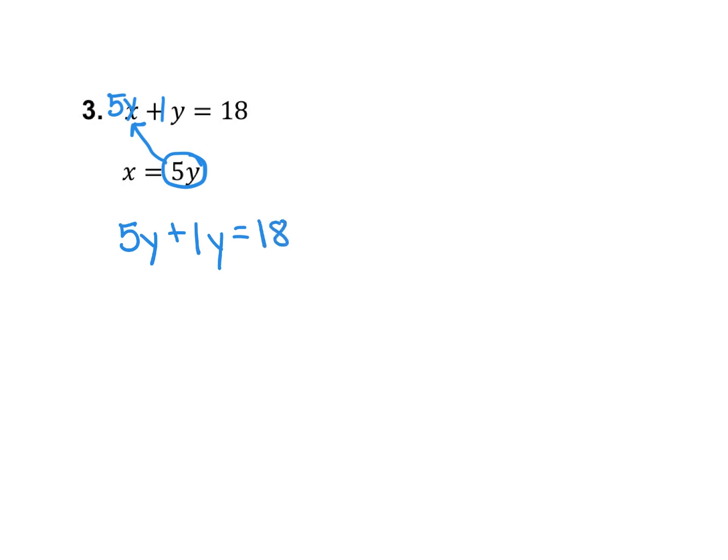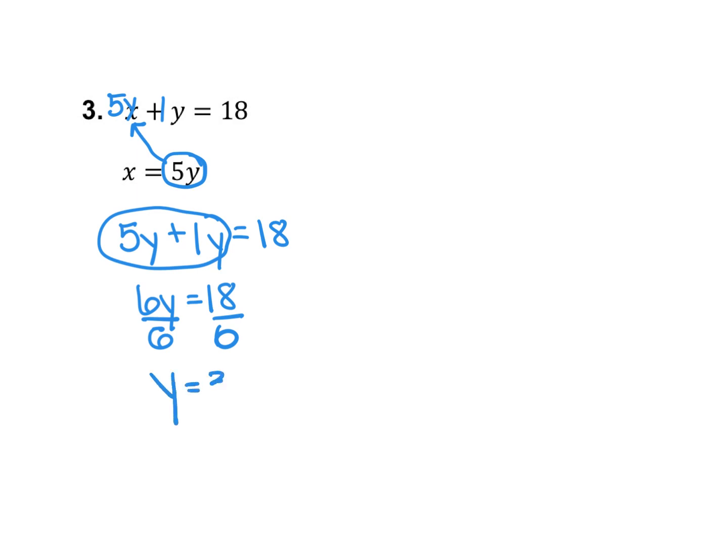And now notice, I still have to simplify before I can solve. So I'm going to add these two together, and I'm going to have 6y is equal to 18. We'll divide by 6. And then we have y is equal to 3.